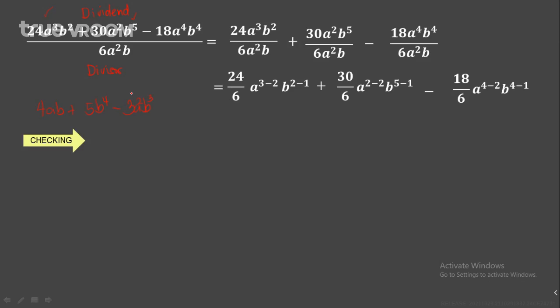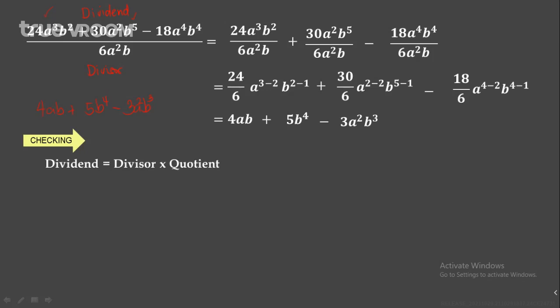So Saranat said 4ab, that is correct. Because 24 divided by 6 is 4, 3 minus 2 is 1, 2 minus 1 is 1. Very good. 30 divided by 6 is 5. Okay, and then a, 2 minus 2 is 0. Very good. And 5 minus 1 is 4. Minus 3a squared b cubed. All right, very good.